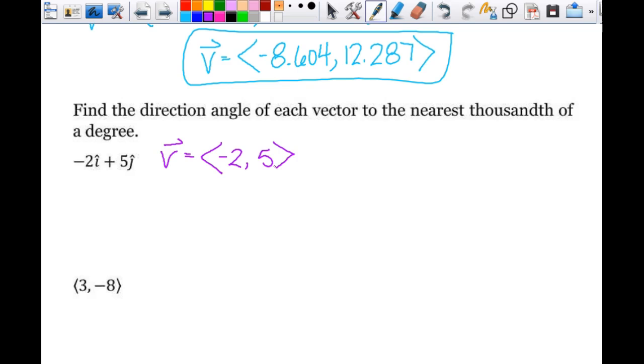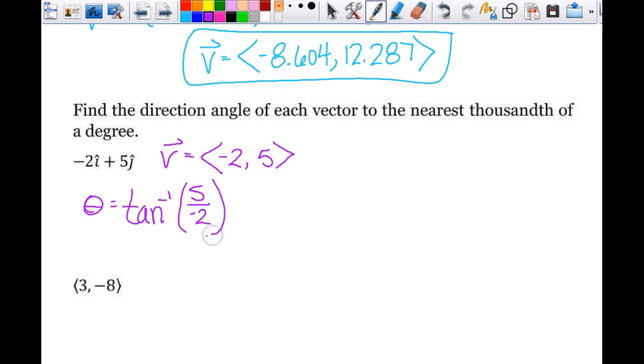If I want to find the direction angle, or the amplitude, what do I do? Tangent inverse, right? And so if you need to draw this in standard position to get your mind wrapped around it, do that, but that's all that's really happening: theta is equal to the tangent inverse of what over what? 5 over negative 2.